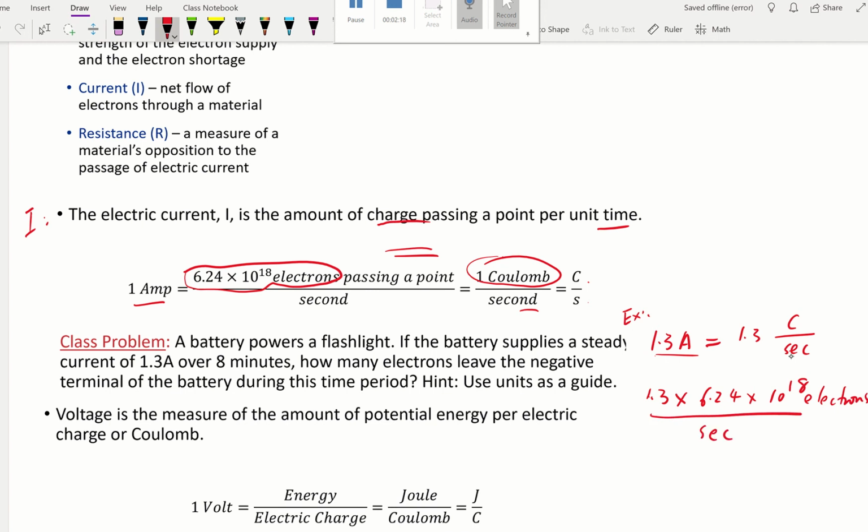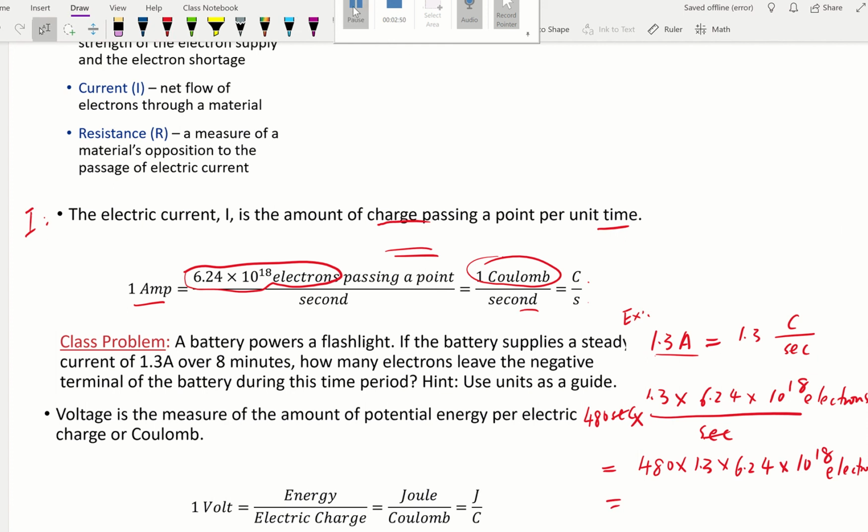And there is a duration of 8 minutes. 8 minutes, that's going to be 480 seconds, right? Times 60. Then you can cancel out. The answer for this will be 480 times 1.3 amps times 6.24 times 10 to the power of 18 electrons per coulomb. That many electrons. Let's put it into the calculator to see what we have here.